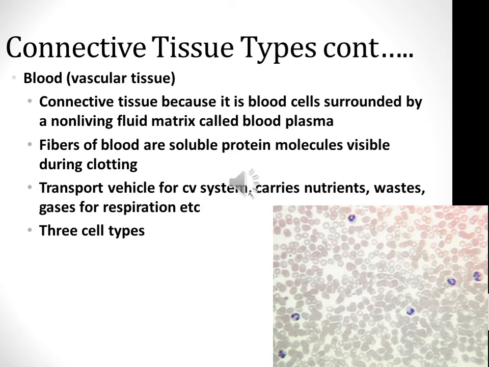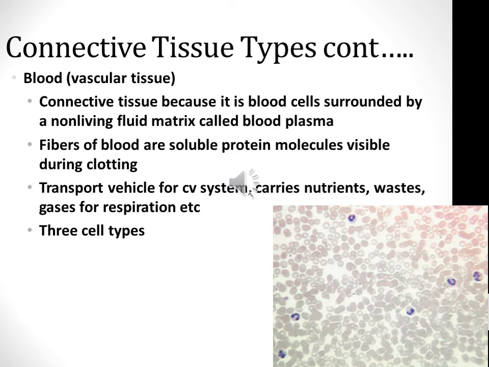So you have 2 different types of white blood cells, lymphocytes and neutrophils. And then you also have thrombocytes. And that's pretty much the gist of that.